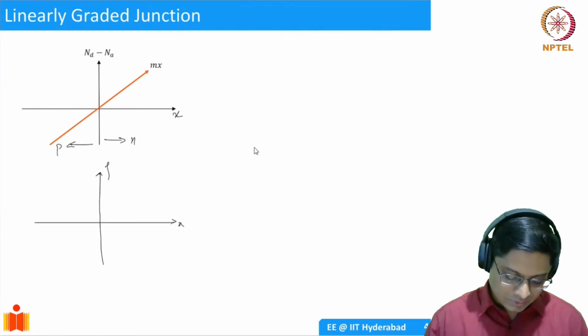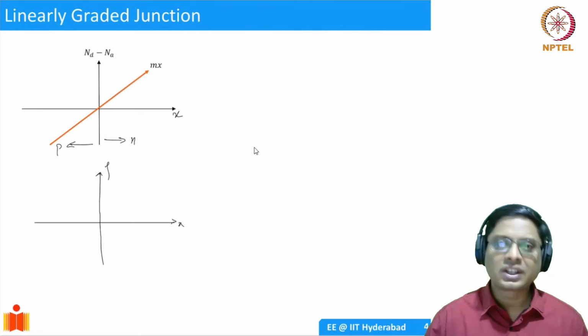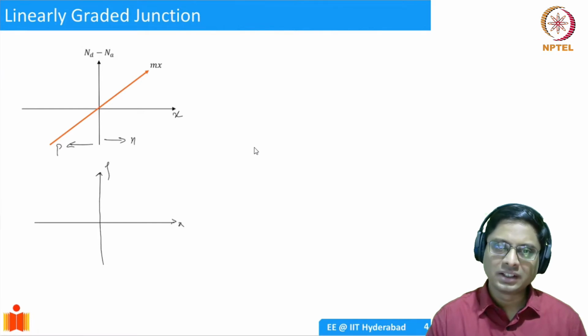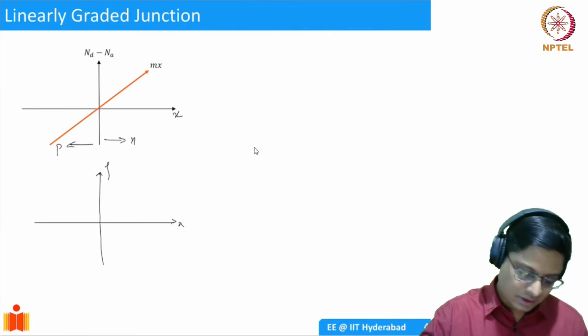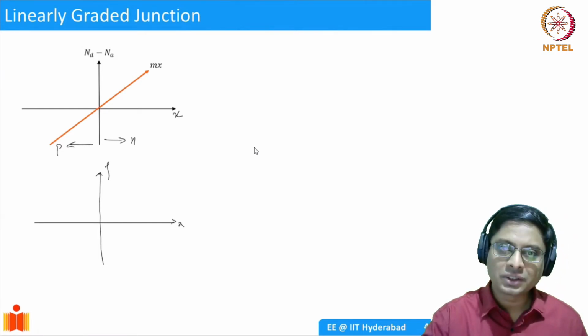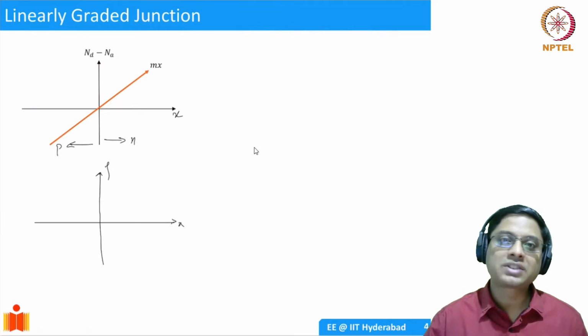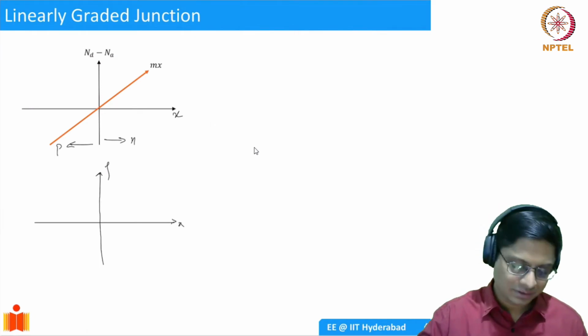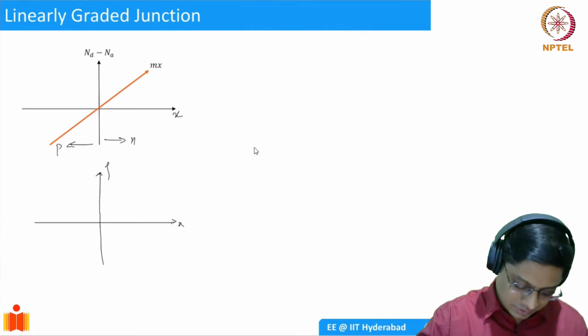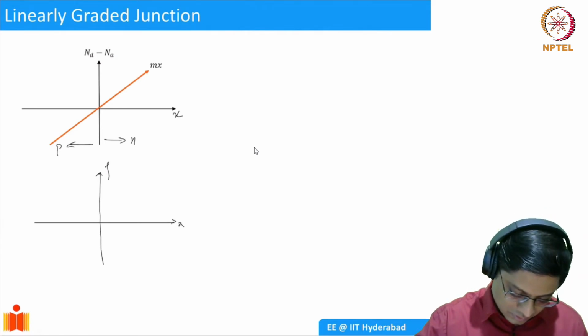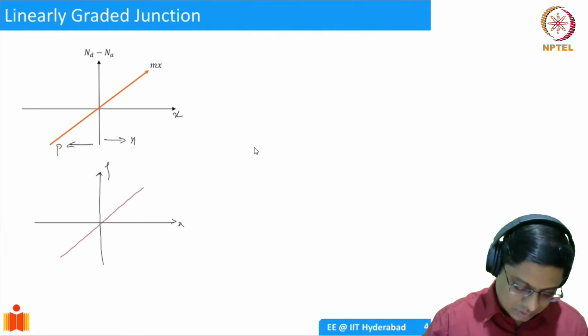Okay. So because there's going to be diffusion, some amount of free charges will move to the other side, uncovering space charge. And because the doping profile is now linearly graded, even the space charge has to be linear. This is a subtle point. Please make sure that you are convinced by that.